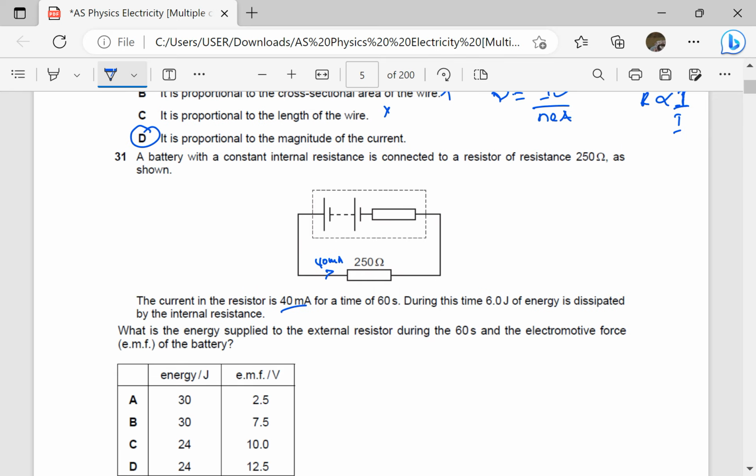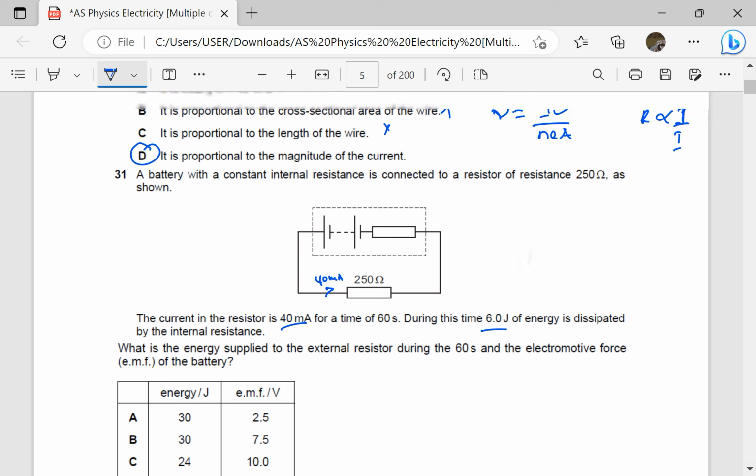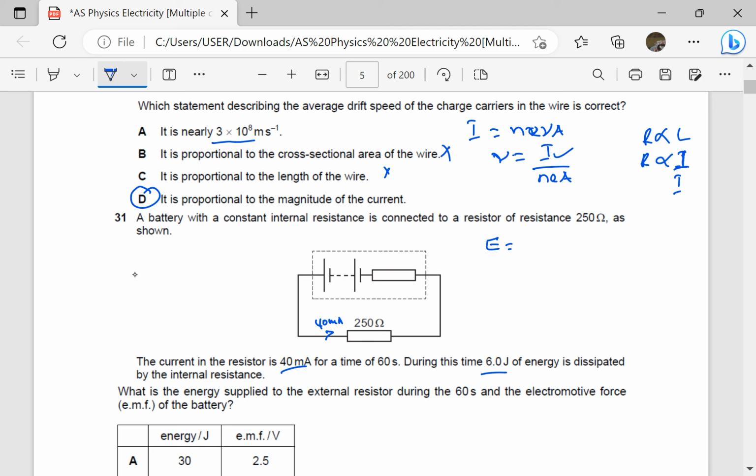First of all, during this time, 6 joules of energy is dissipated by the internal resistance. Energy is equal to power times time, which is equal to I squared r times t. So the current is 40 times 10 power negative 3, squared, times the internal resistance, which I'll call small r, in a time of 60 seconds.